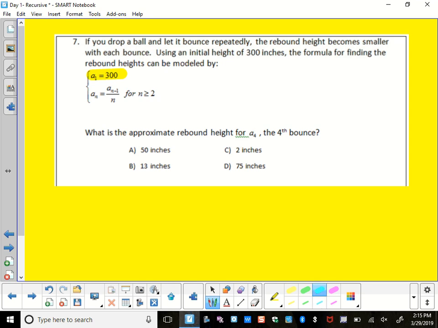What is my recursive rule? Who knows how to say what this rule is right here? What's this a sub n minus 1? We just call that what? Starts with a p.